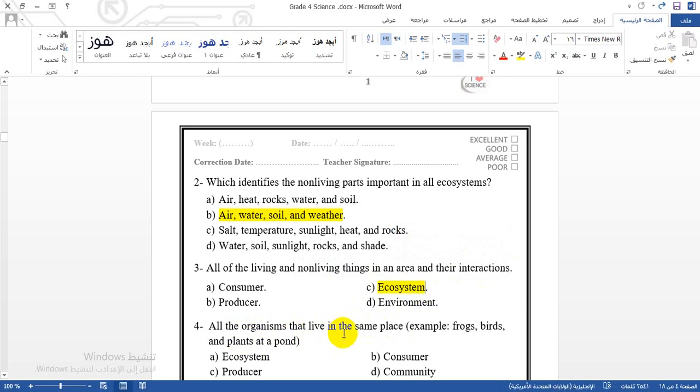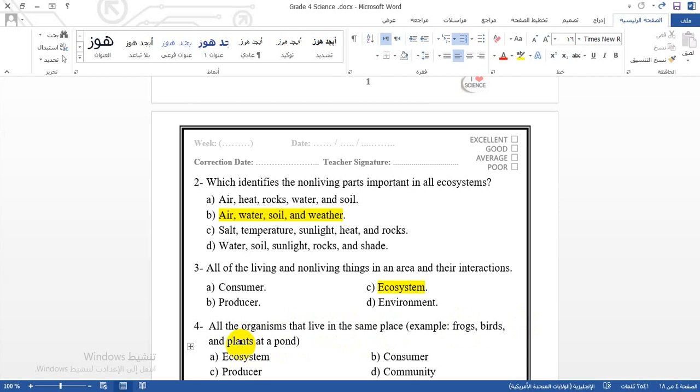All of the organisms that live in the same place: frogs, birds, and plants in a pond. This is an example of what? I think it's so easy. Try to think before I solve it.